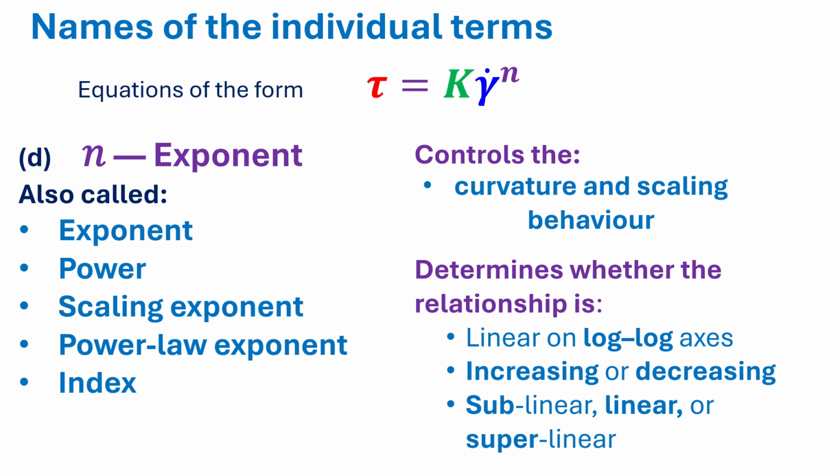What it does is really determine the curvature, or the scaling behaviour, of the line. So you can see the line may go up, bend over and form a plateau, or it might form almost the edge of a U shape where it gradually increases as a parabola.